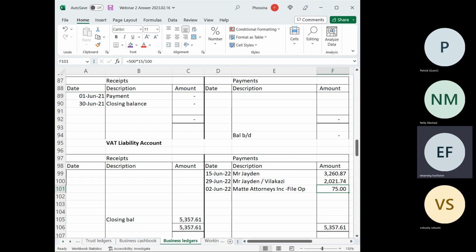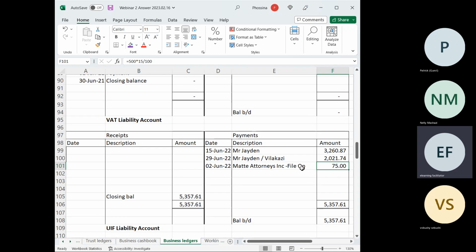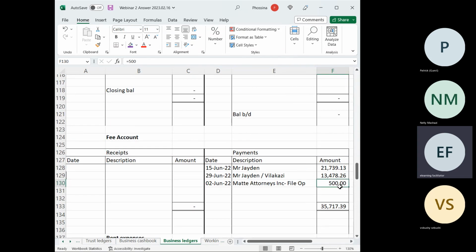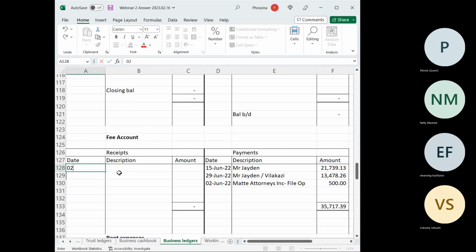And then we are told that we are sharing the fees. We are sharing these fees. So which means if we are sharing the fees, then we need to come back to our fee, which is this one of 500, because we are not going to receive the full 500. We are going to give away a third of that fee.